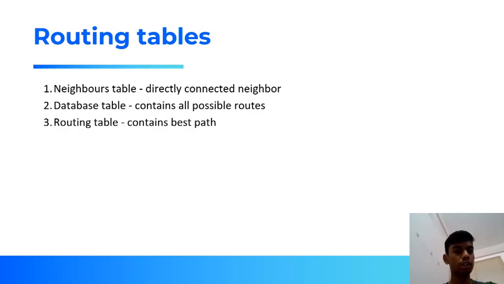And the third one is the routing table. This contains the best path between the present router and all other possible routers in the network. So using these tables, the router finds the best path to send the packet, to decrease the latency and other possible metrics.